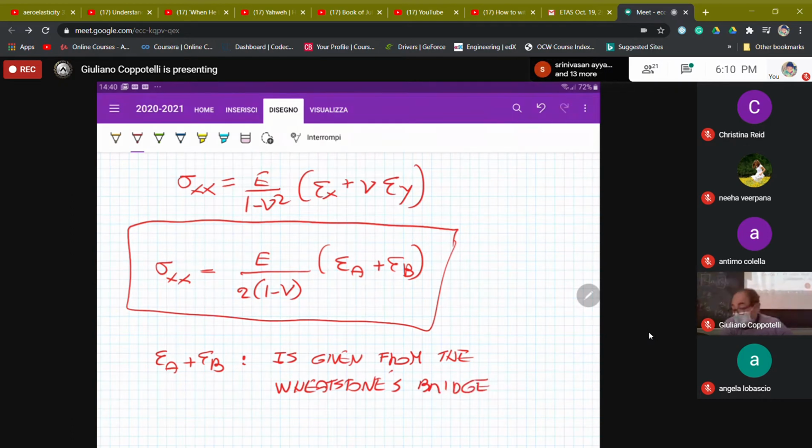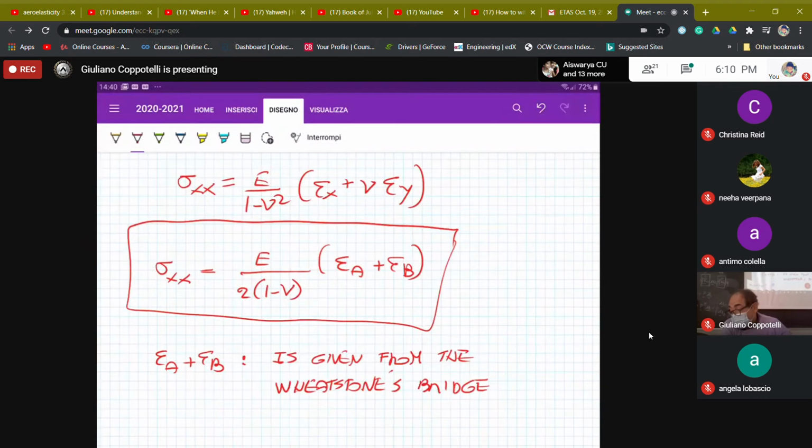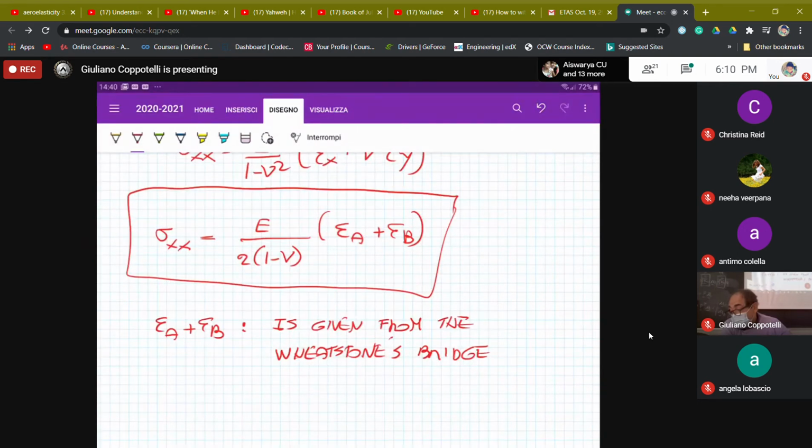You can have that straight from the measuring device, the bridge device that you have. So you directly know from the measurement the sum of the strains, and thus you have the information of the stress. What you need is just the information of the material, that is E and the Poisson ratio.